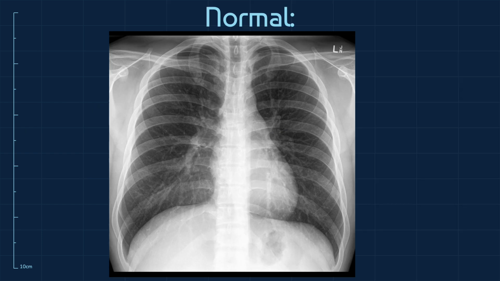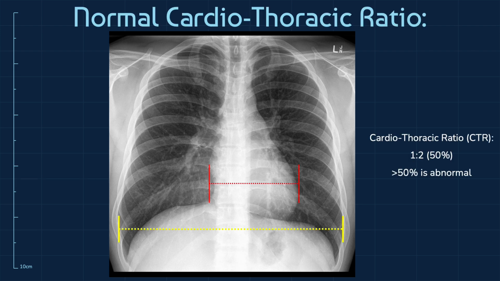And here is an example of a normal PA heart, and we're trying to determine whether this heart is enlarged or effused. And we do this by looking at something called the cardiothoracic ratio. And this ratio can be found by measuring the borders of the heart, the distance between the right and left border of the heart, and the borders of the thorax.